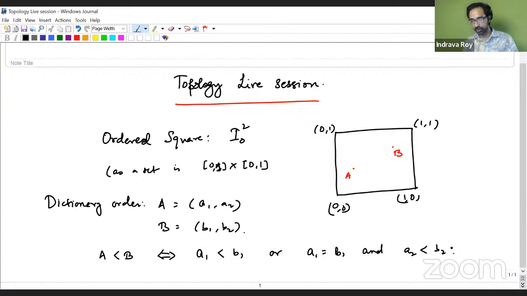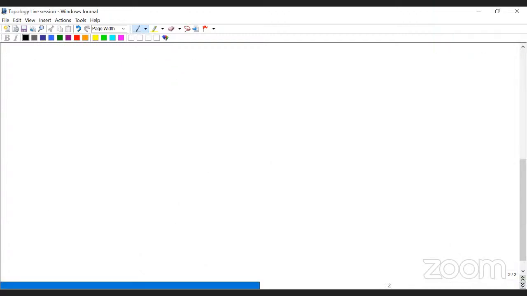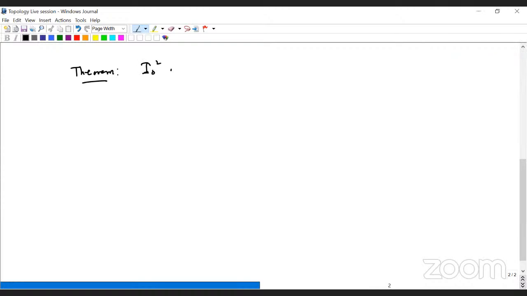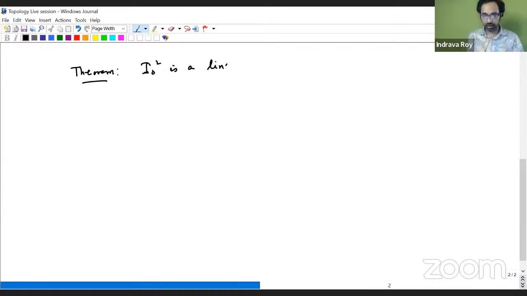So this is the dictionary order. With this order, I0 square becomes a linear continuum. This is the theorem, which I proved in the lectures.